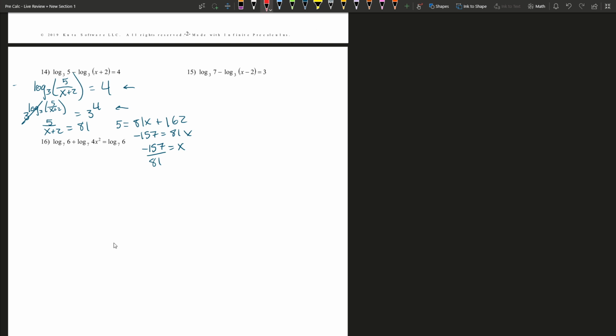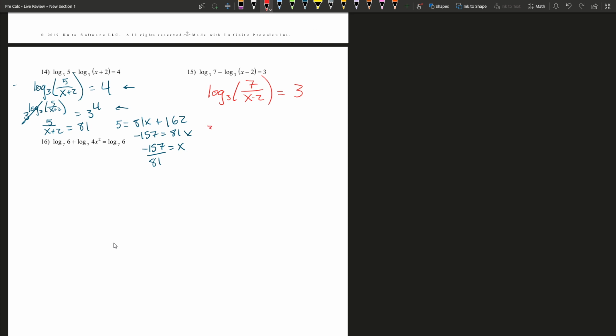Number 15, it's basically the same thing. We have to condense the left-hand side. So when we do that, we're using the quotient property. So we get log base 3 of 7 over x minus 2. We want to get rid of the log base 3, so we have to take all of this as an exponent of 3.